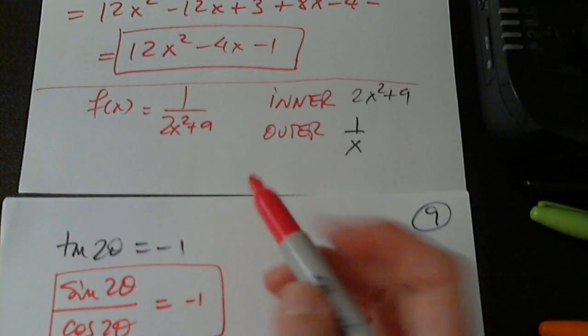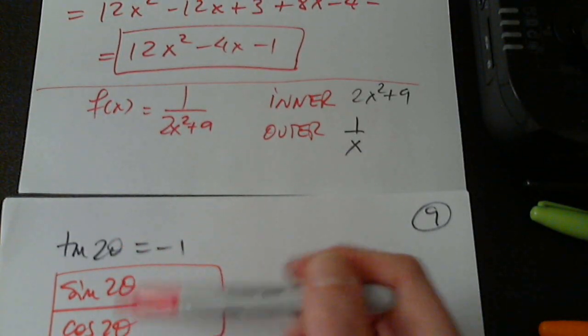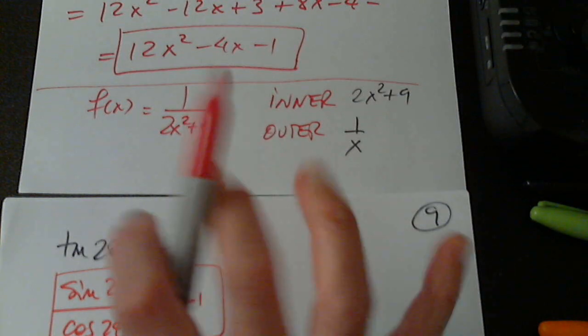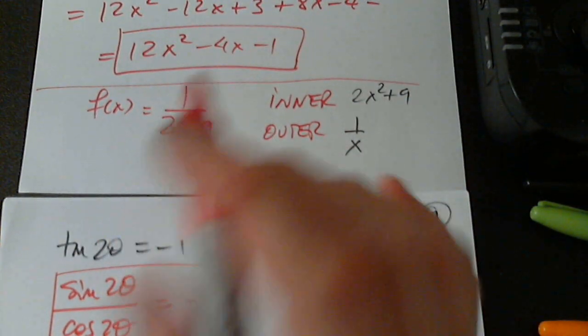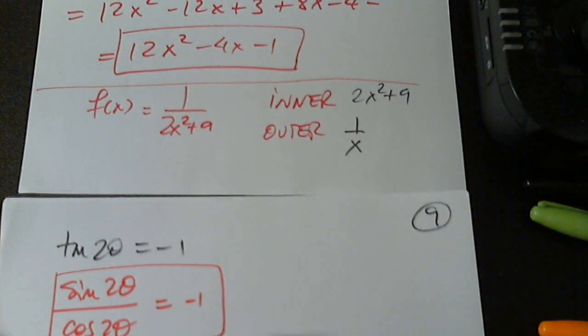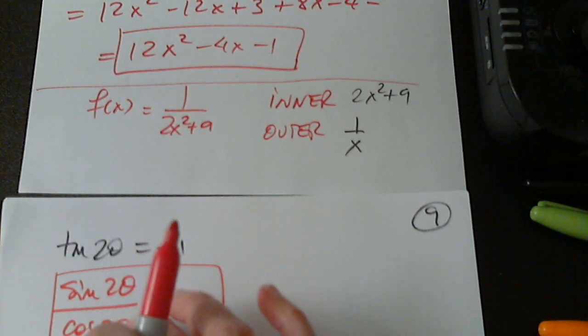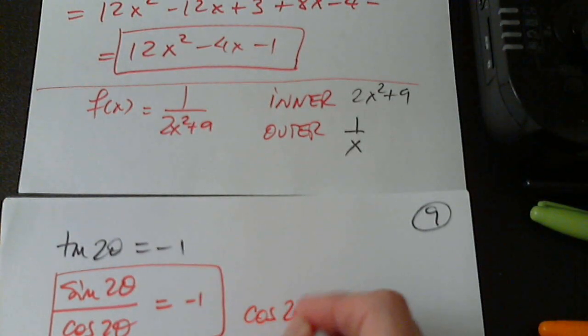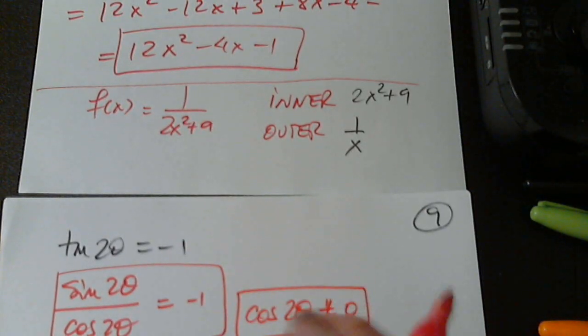In this particular case, we are only asked to solve, right? We don't have to do this. The only thing I was going to mention here is that please remember that cosine 2 theta cannot be 0. That's all I was going to say.